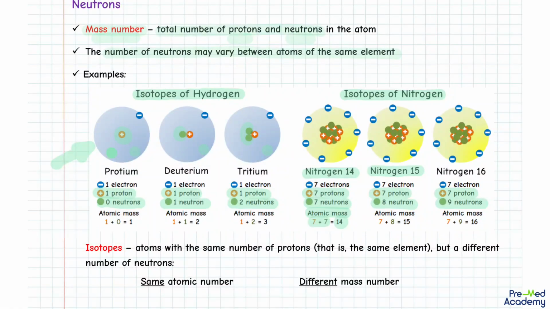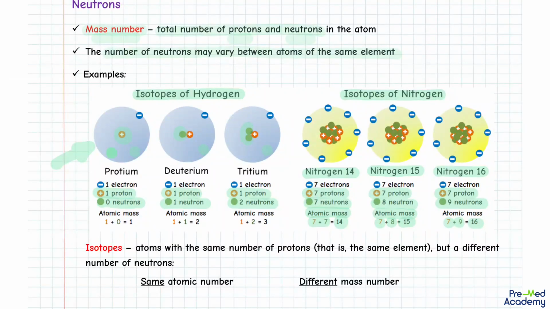Because 7 protons plus 8 neutrons come out 15, meaning its mass number is 15. And similarly, the right atom is called nitrogen 16 because 7 protons plus 9 neutrons give a mass number of 16.